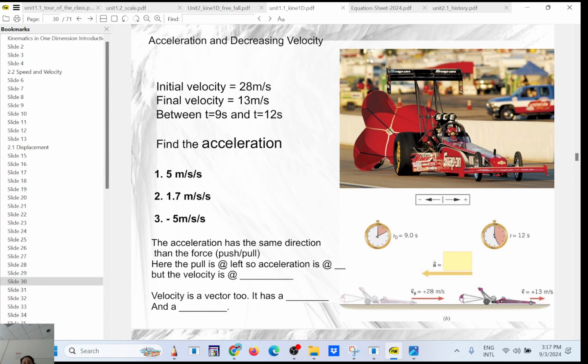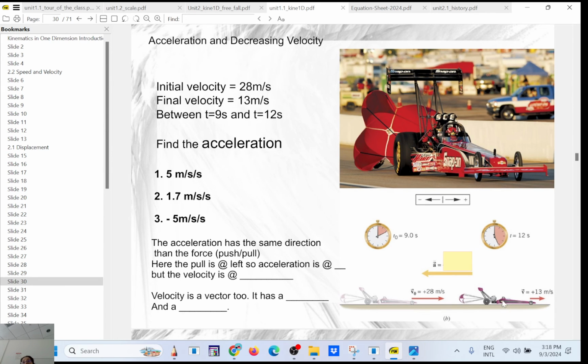Okay, so again, this slide comes from the book, Johnson and Cutnell. And you see here, it's slowing down, but it's moving to the right. So the initial velocity and the final velocity are both positive.